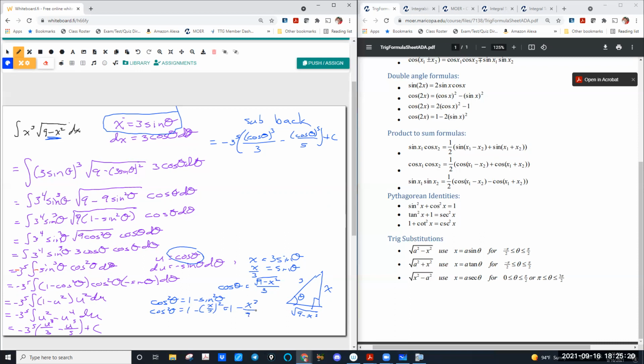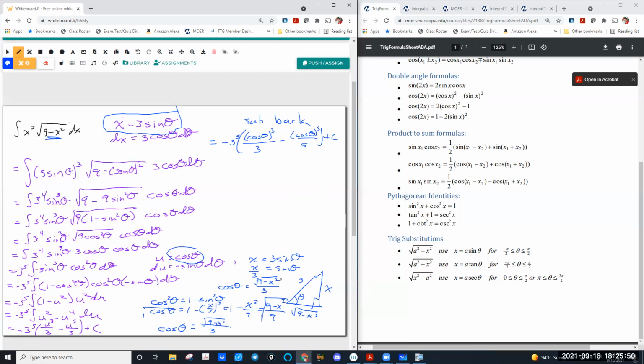Finding a common denominator would give us 9 minus x squared over 9. And then taking the square root of both sides is what gives us cosine of theta equals the square root of 9 minus x squared, and then the square root of 9 is 3. You've got user preference on that. Whatever you think is easier. You'll see in my videos, I like using the right triangle.